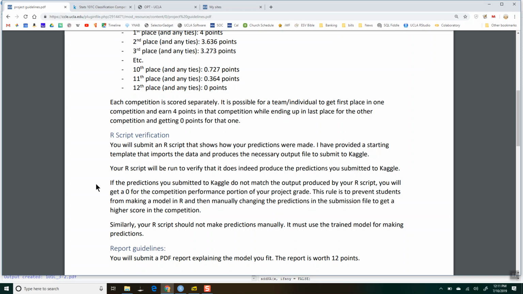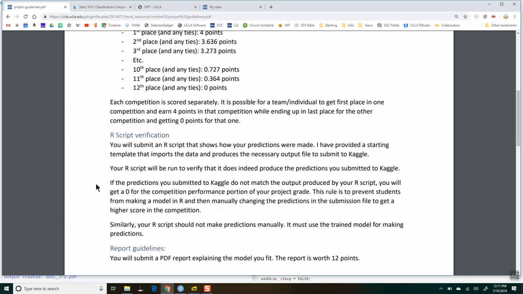So technically, you could manually change a prediction in your upload file. Even though the model predicts 2, by trial and error you could change that to 1, and it might gain you extra points on the leaderboard, okay? But I don't want you doing that. That's cheating, right? You need to run the model, and whatever predictions your model makes, that needs to be what you upload to Kaggle, okay?